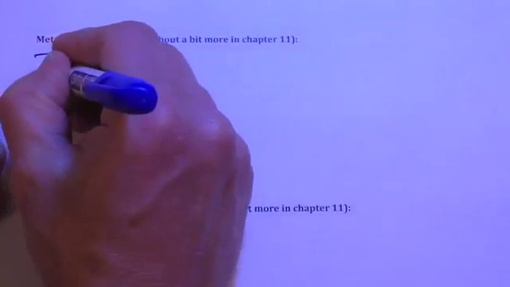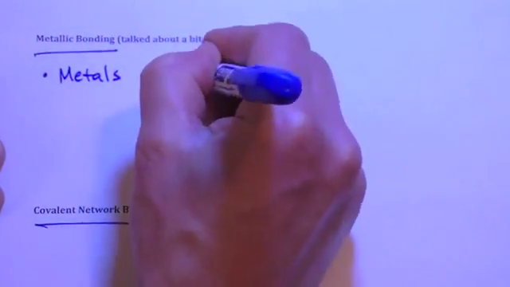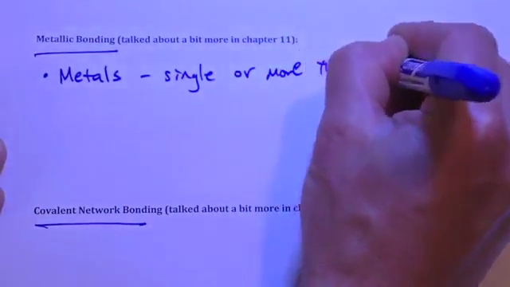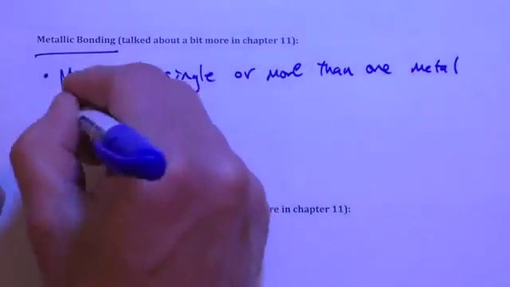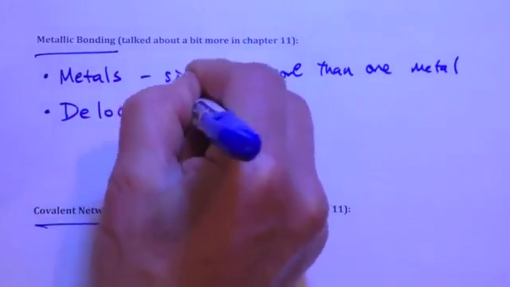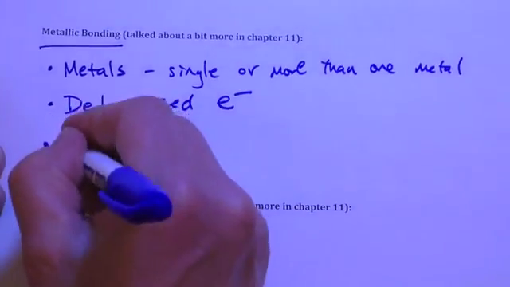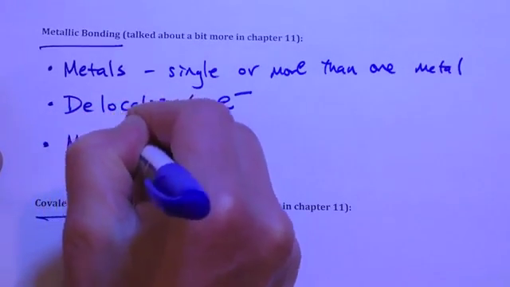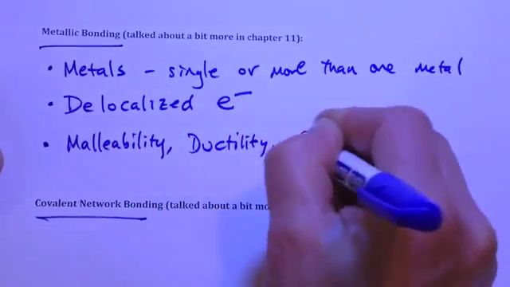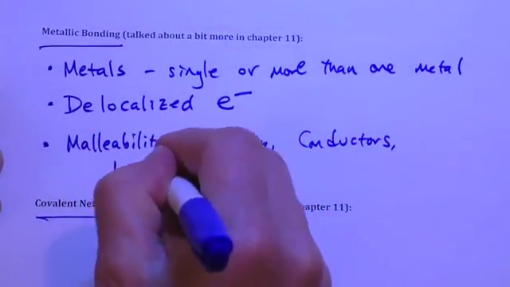Metallic bonds, once again, are characterized by just metals, and they can be a single metal or more than one metal stuck together, and they're characterized by these delocalized electrons, and the delocalized electrons give it its characteristic property of malleability, ductility, and make them good conductors of heat and electricity, and they usually have good luster.